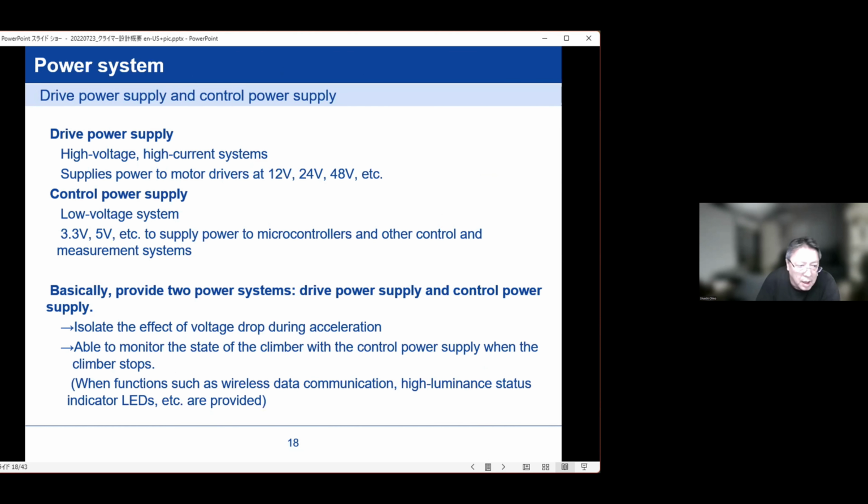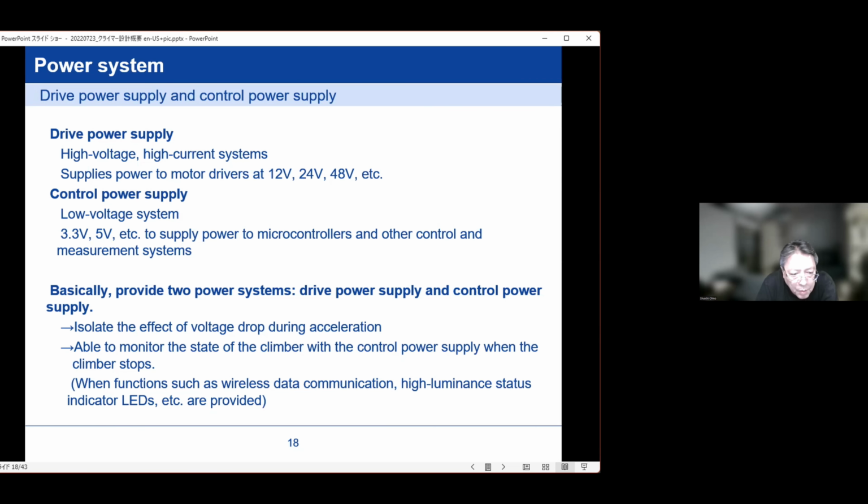Power system. As for power supplies, as I explained earlier, there are two types: drive power supply and control power supply. The drive power supplies are basically high voltage, high current systems such as 12 volt, 24 volt, and 48 volt, which are used to supply power to the motor driver.